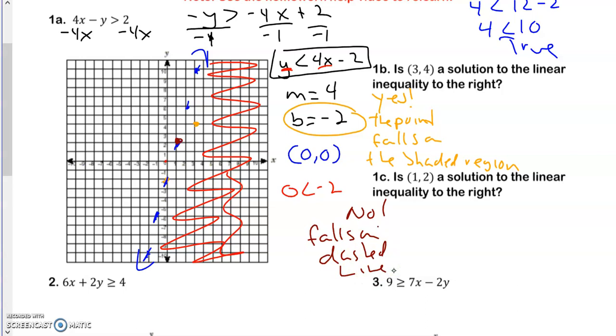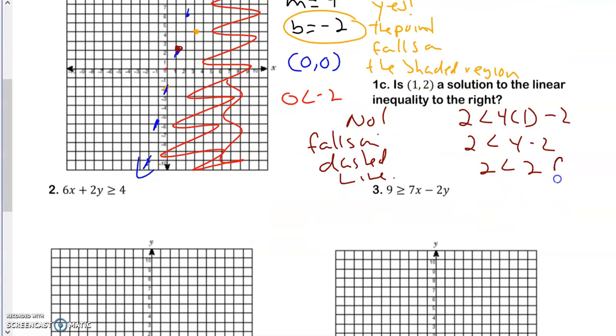But I can also check it by plugging in the numbers. So 2 is less than 4 times 1 minus 2. So 2 is less than 4 minus 2, or 2 is less than 2. Well, if it was less than or equal to, then it would be true. But since it's just less than, it's false. And that's why it's a no.